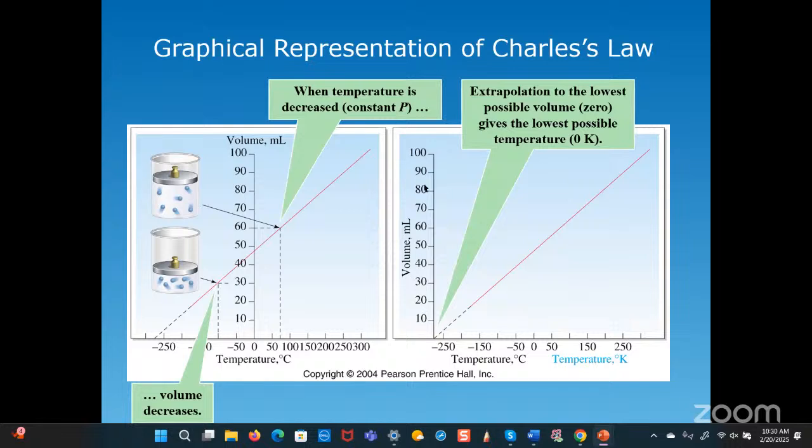If you plot volume versus the temperature expressed in Kelvin, and again, this will be 0 Kelvin. So basically, to get from here to here, all we did was move this axis over by 273, and that's how we get this right here, right?